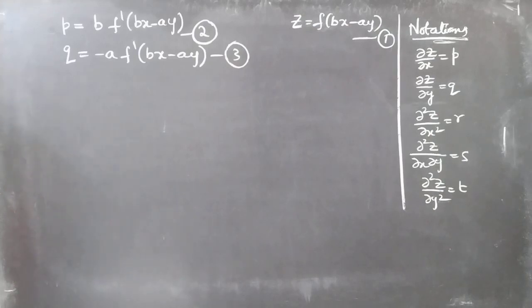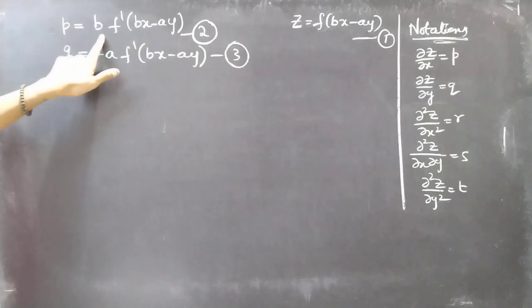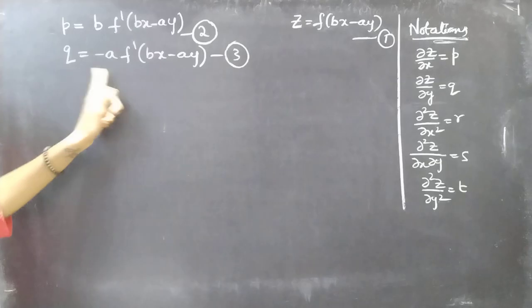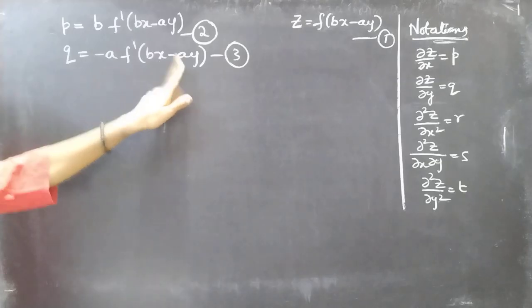Now observe 2 and 3. We have p equal to b times f dash of bx minus ay and q equal to minus a into f dash of bx minus ay.